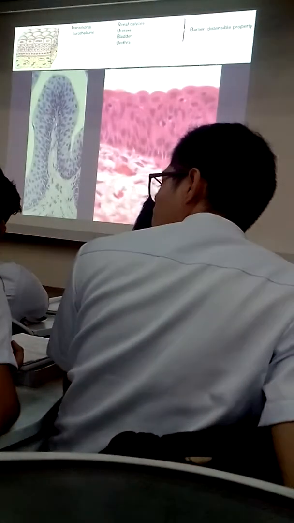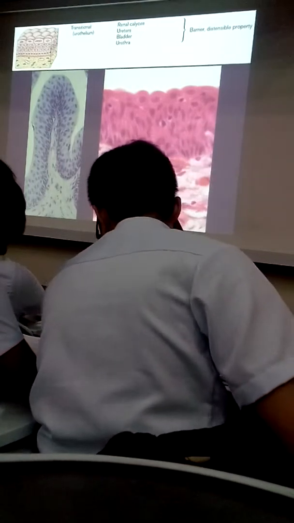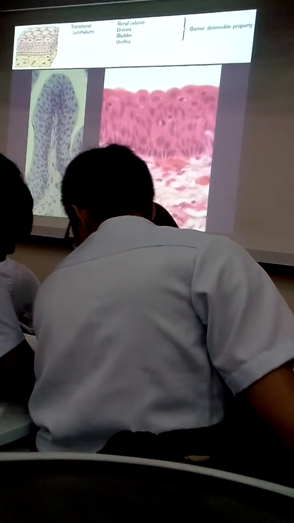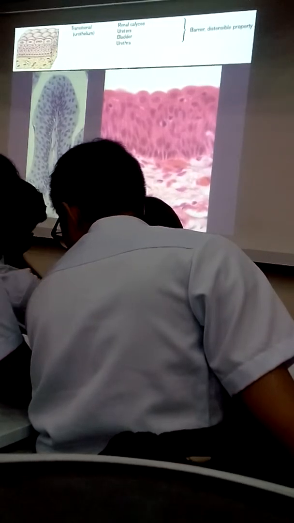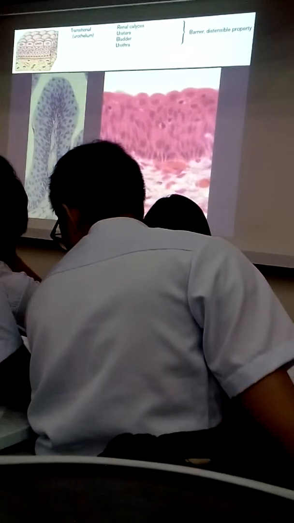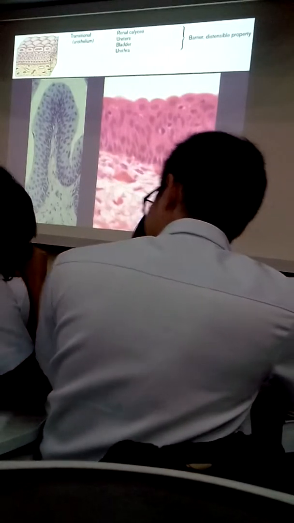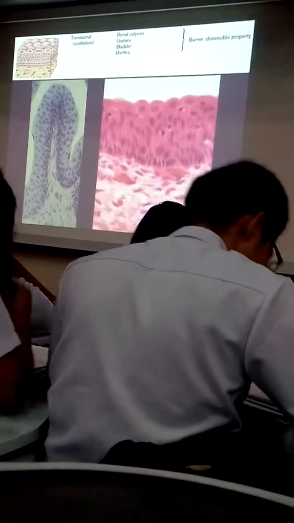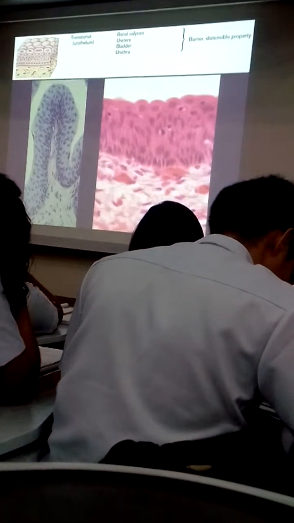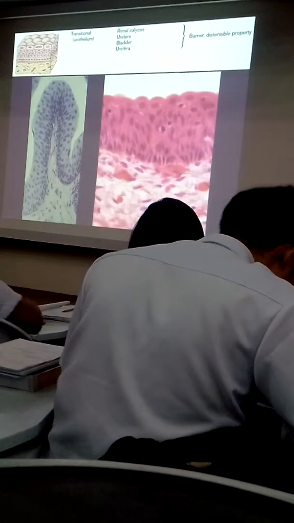And transitional epithelium. If you notice, this is the urothelium. So you may find it in renal calyces, the ureters, the bladder, and the urethra. They serve as a barrier, and they have distensible properties. So that's what we mentioned earlier. This one is actually stratified because there are more than one layer of cells, and they would have various appearances depending on whether the organ is distended or non-distended.